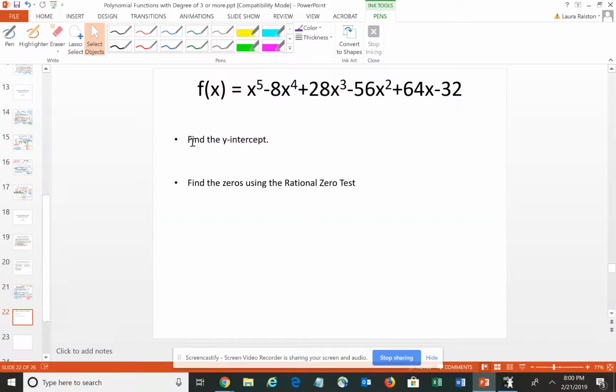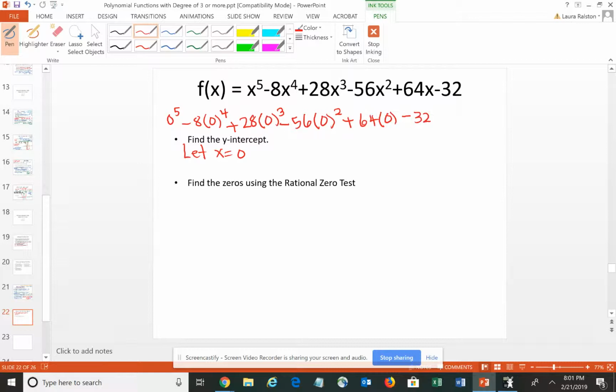Again, the first thing we want to do here is find the y-intercept. To find the y-intercept for any function, you let x equal 0. So I would have 0 to the 5th minus 8 times 0 to the 4th plus 28 times 0 cubed minus 56 times 0 squared plus 64 times 0 minus 32.